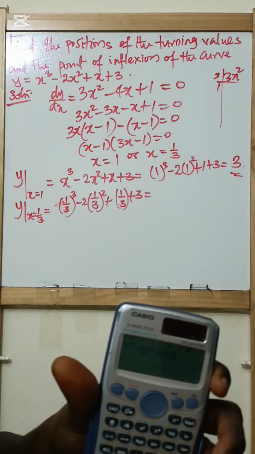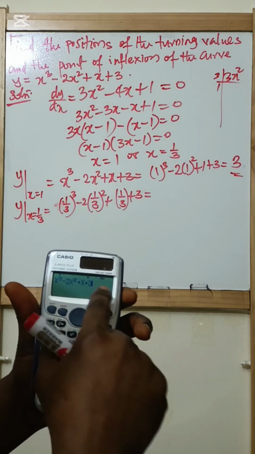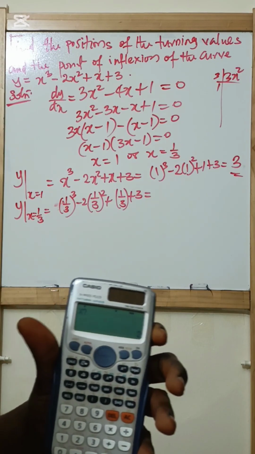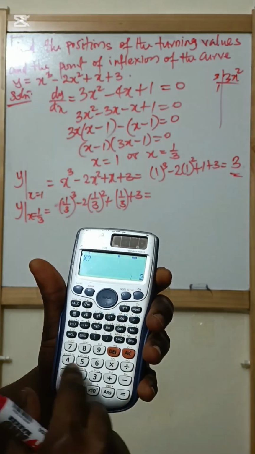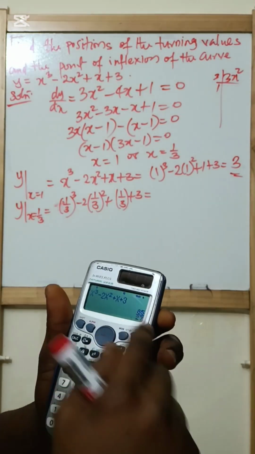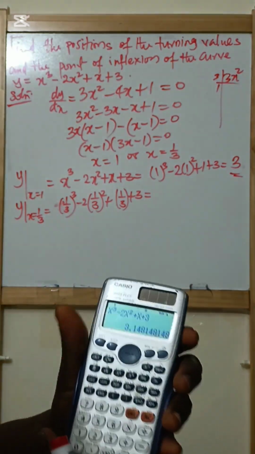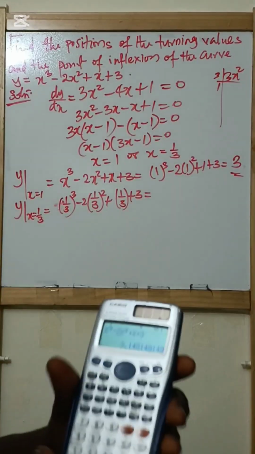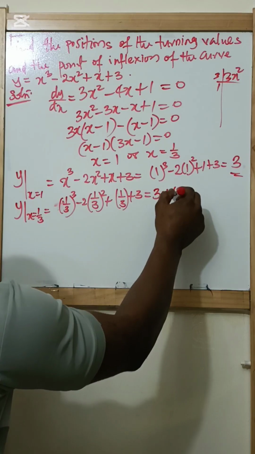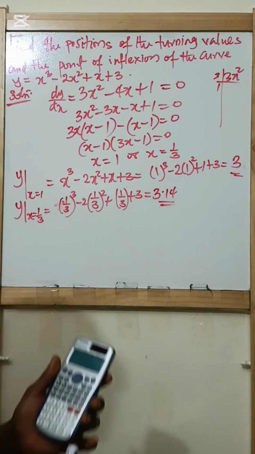Once this is obtained, we click on calc and slot in the value 1 over 3, so 1 divided by 3. That will give us the value, 3.14.